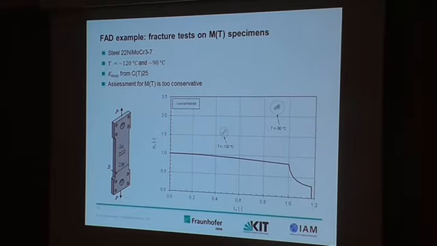All these results are at fracture load. And you see that at minus 120 degrees, the fracture load is overestimated, and considerably overestimated at minus 90 degrees C. So the assessment by FAD is, in this case, very conservative.